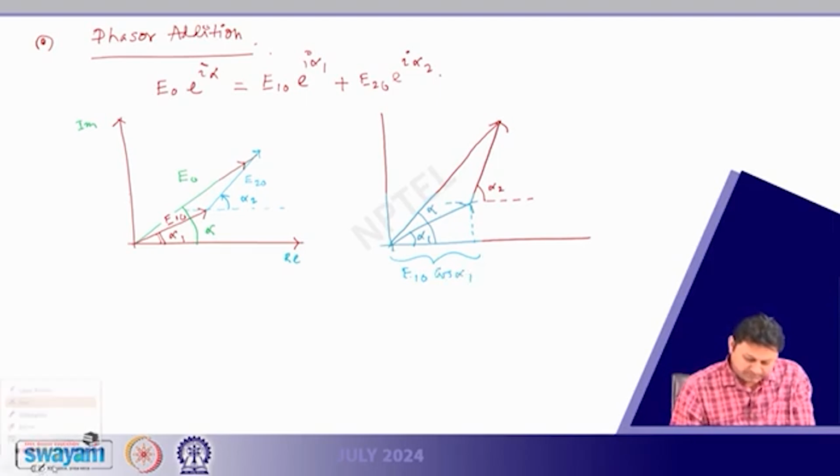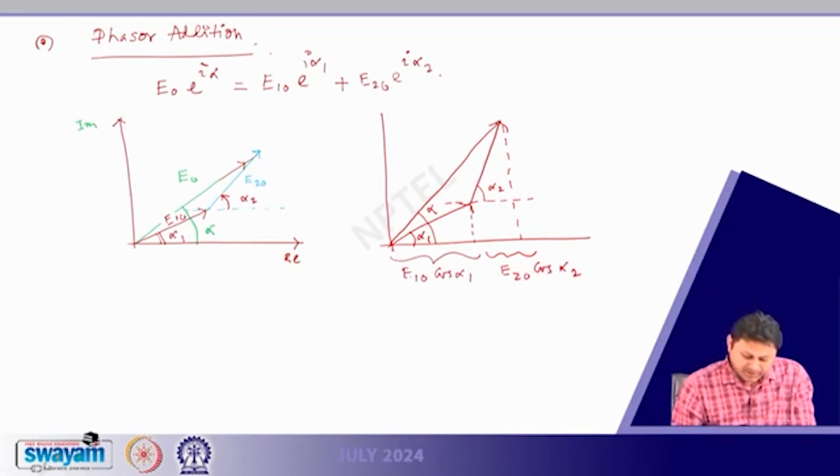In a similar way, if I draw a component here for the x component of this line, from here to here, this is E20 cos of alpha 2.